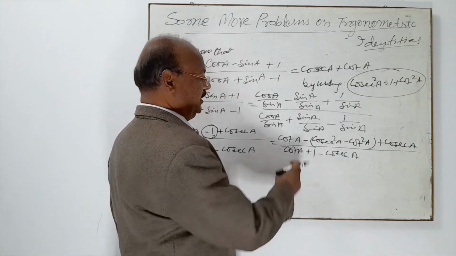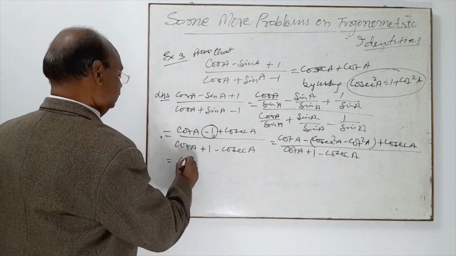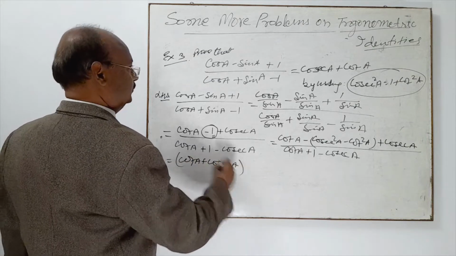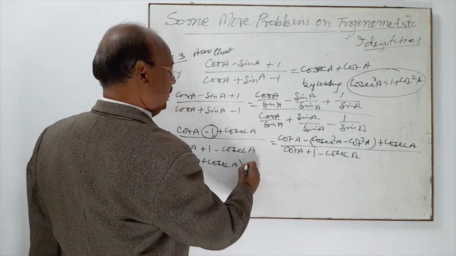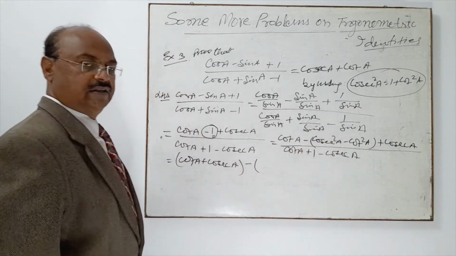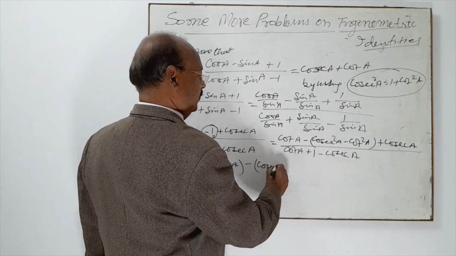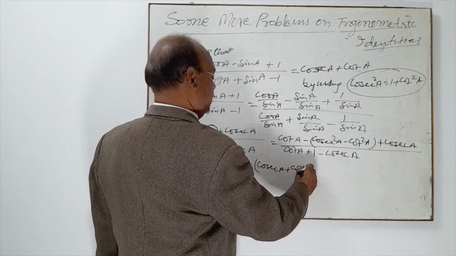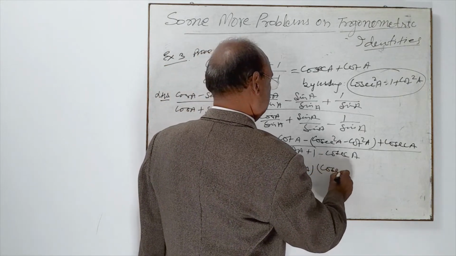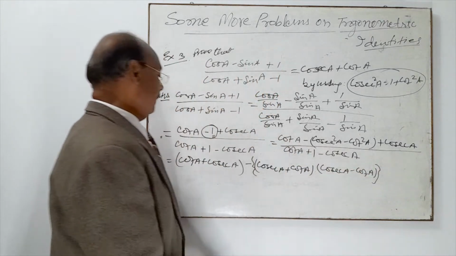Now we are making a group of first and last terms here. Cot A plus cosec A minus, this is in the form of A square minus B square, so A plus B into A minus B. So cosec A plus cot A into cosec A minus cot A. Clear?